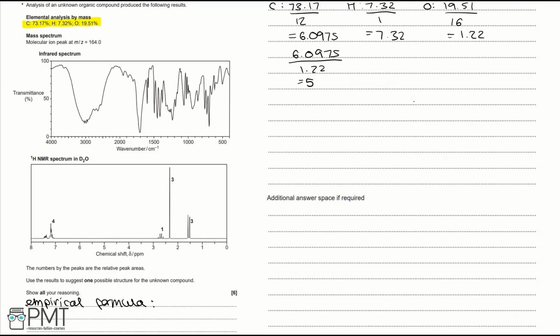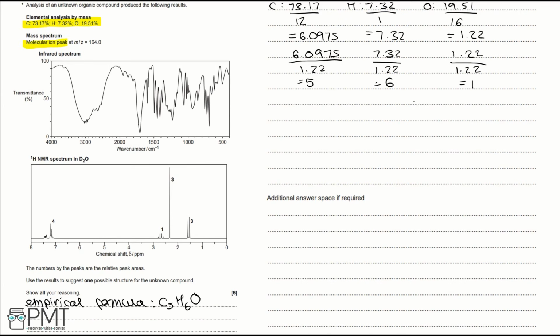That equals 5. For hydrogen, we do 7.32 divided by 1.22, and that equals 6. And for oxygen, we do 1.22 divided by 1.22. That equals 1. So our empirical formula is C5H6O.